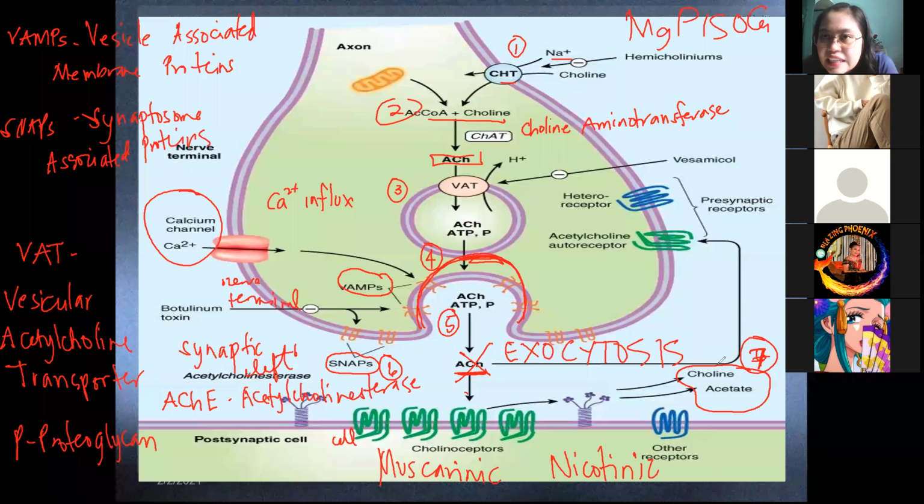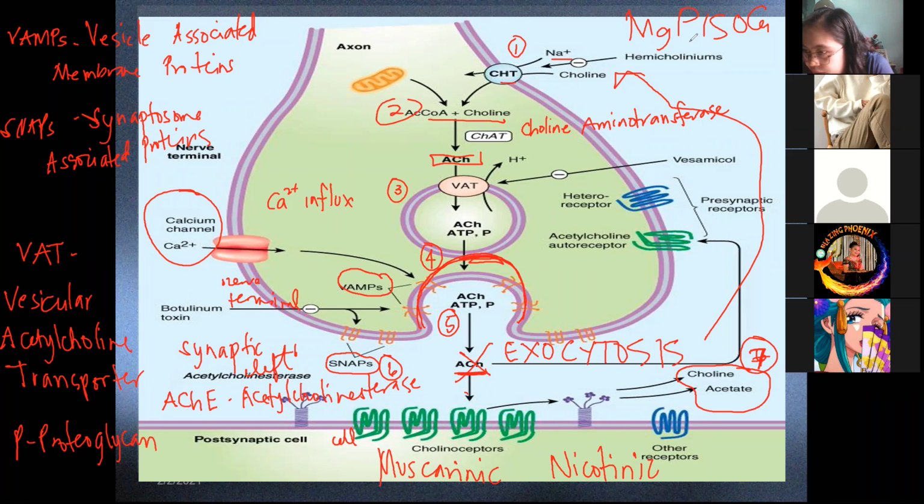The choline released because acetylcholine was broken down can be reused. It returns here and you can start the process again. So we make it, destroy it, some bind to the receptor to act, and then choline is released again and used again to start the process.